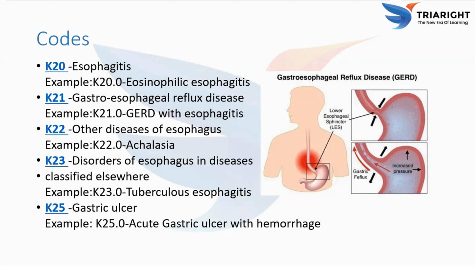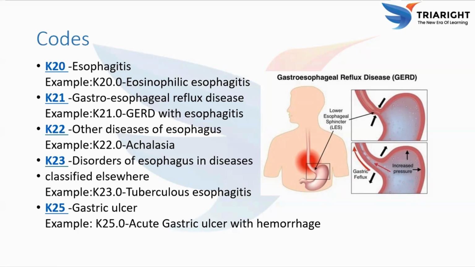So what do you mean by achalasia? It's a condition where the lower esophageal sphincter fails to relax. When a person is diagnosed with this condition, the K22.0 ICD-10 code must be assigned.